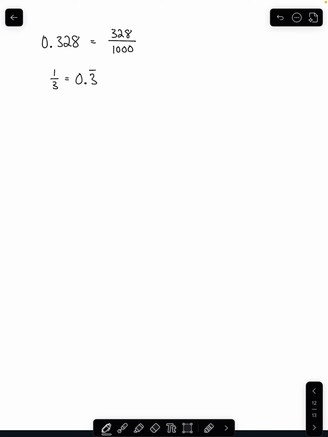The trick here is in a geometric series. For example, let's choose something perhaps a little bit less obvious. Let's pick 0.080808, etc., also known as 0.08 repeating.